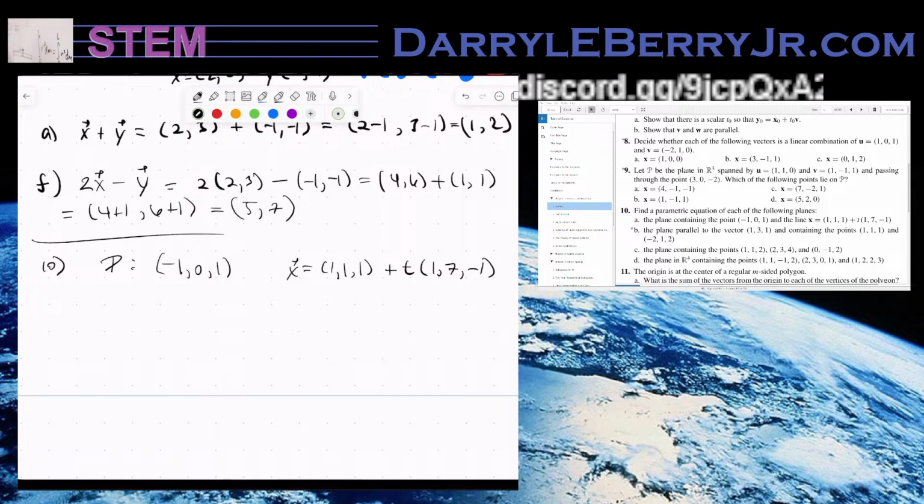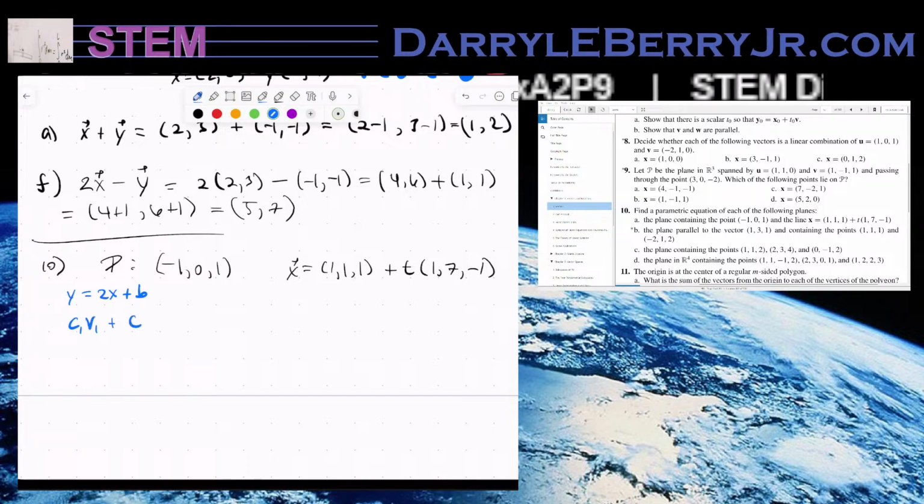So let's see here. We know that the Cartesian form is basically, let's say, y equals 2x plus b. And parametric is basically taking these vectors, and let's say we have a plane, we would have c1 v1 plus c2 v2 equals, let's say, b.